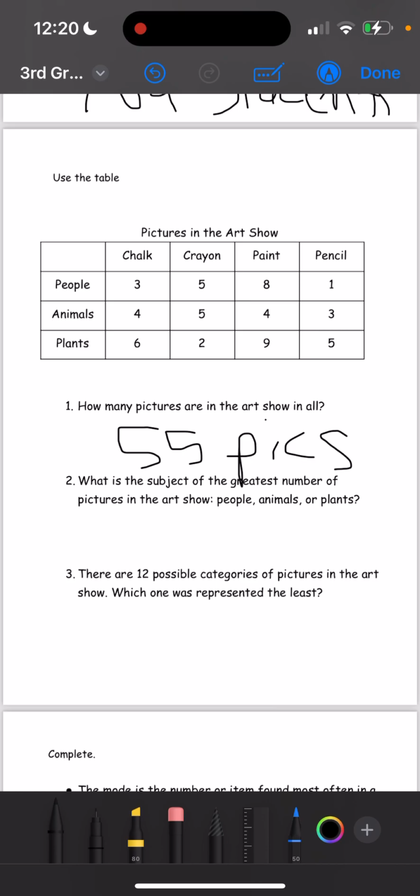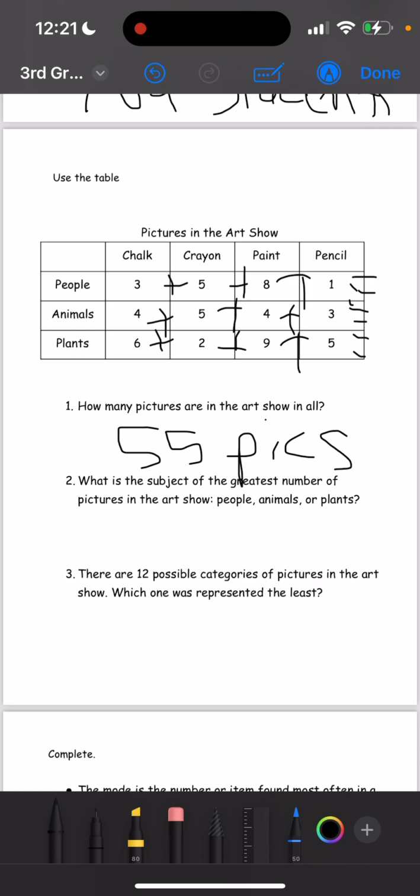And then number 2 asks what is the subject of the greatest number of pictures in the art show? People, animals, or plants. So we just want to add all of these up. First let's start off with people.